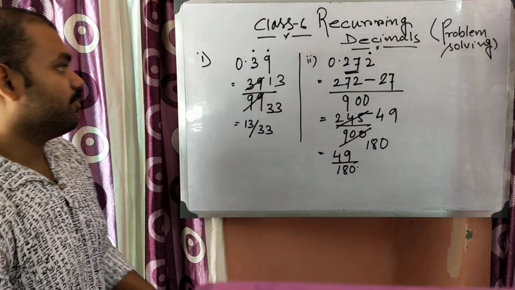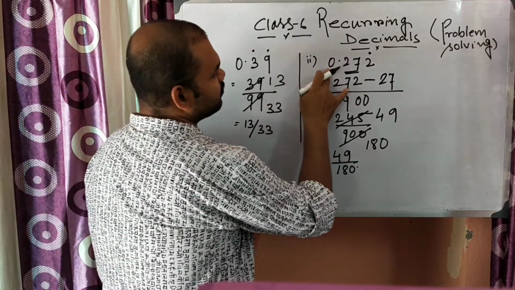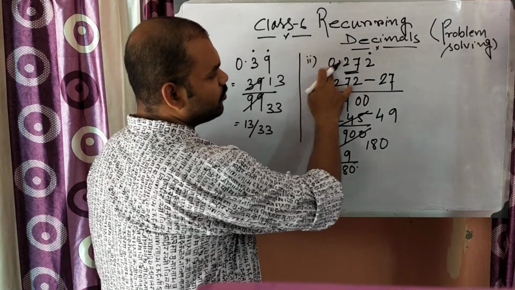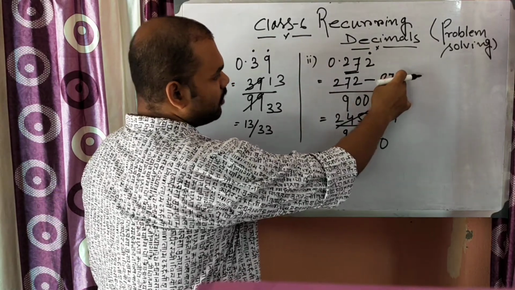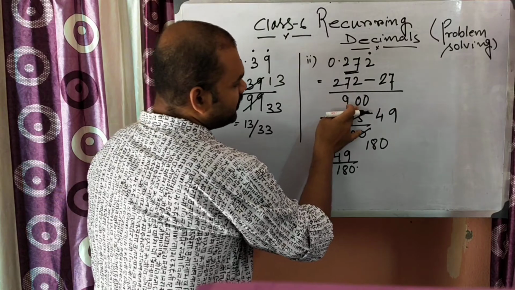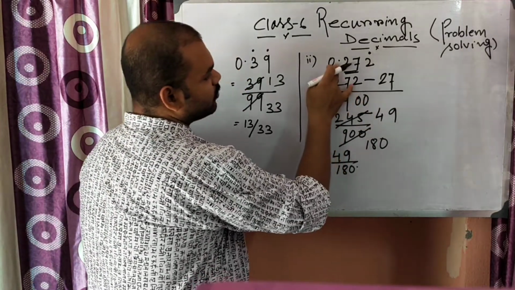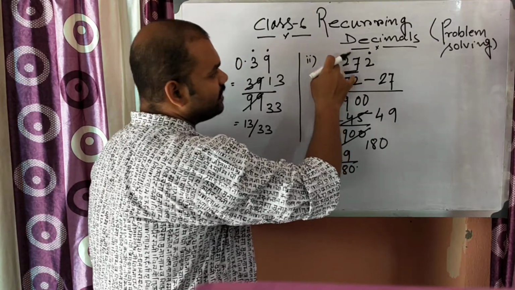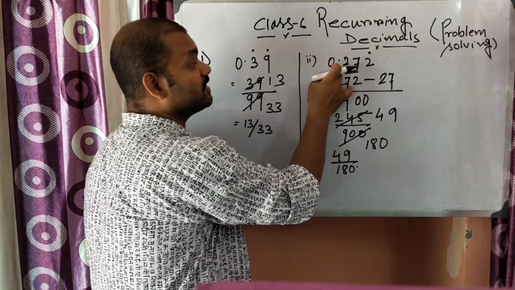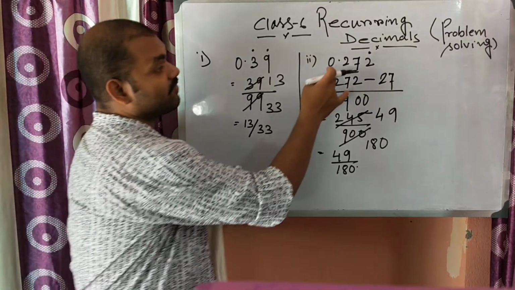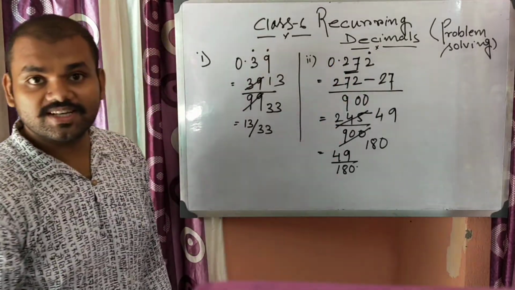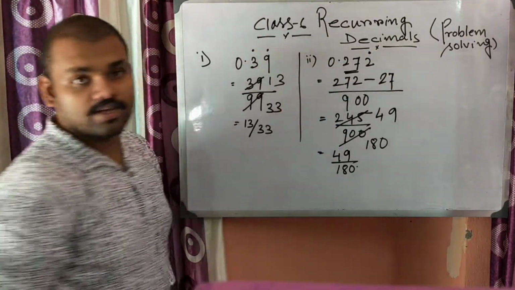Simple. But remember, even if the number before the decimal point is non-zero, the number will be divided by 900 in that case also, because to bring 0 we need to consider the non-recurring digits only after the decimal point, not the previous number.